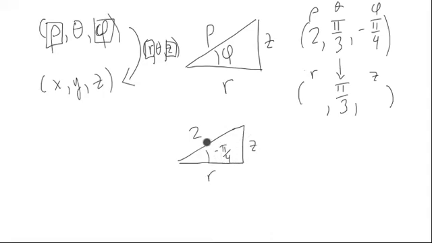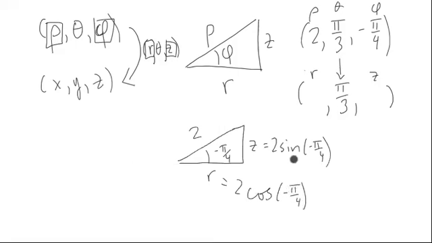Okay, so what we could do is, if this were a 1, the z would be the sine, but since it's a 2, we just multiply it by 2. So z is equal to 2 times the sine of negative pi fourths. And r is equal to 2 times the cosine of negative pi fourths.